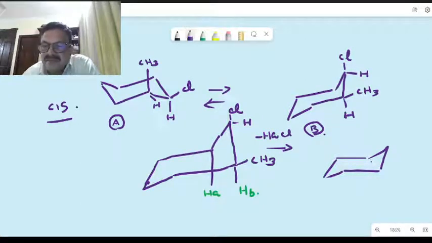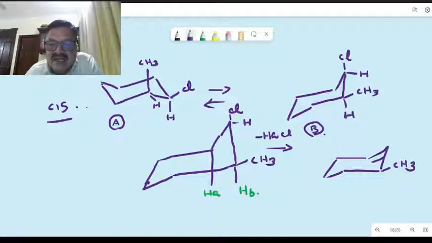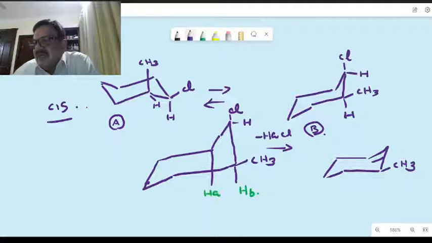This is the double bond here. The methyl group, CH3, will be intact. The hydrogen marked as A, HA, is used, and the chlorine goes, HCl elimination. It is a disubstituted alkene. That is a minor product here.